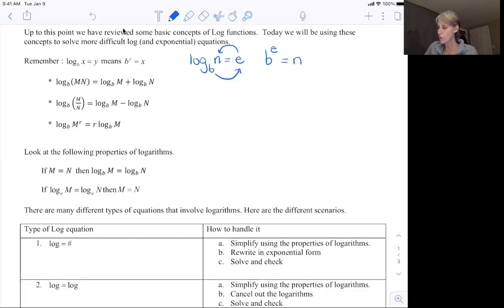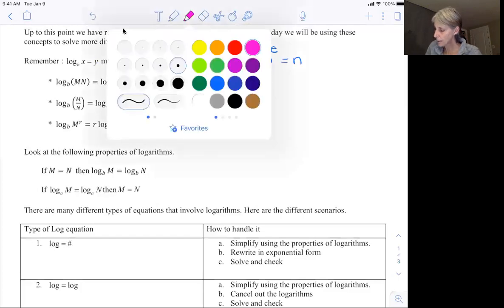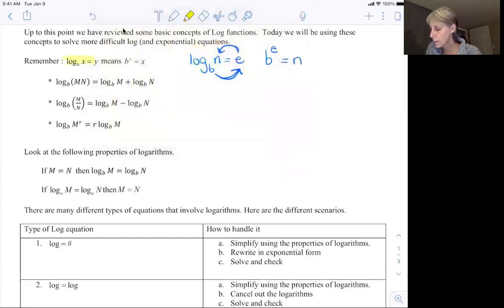So I have our base raised to our exponent equals some number. It spells Ben. That might be an easier way for you to remember it. Knowing this is going to be the key to your success in this unit.